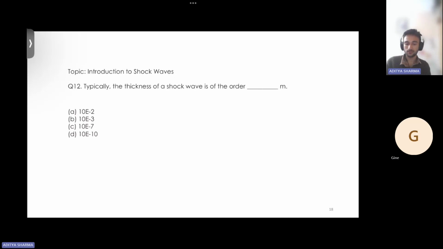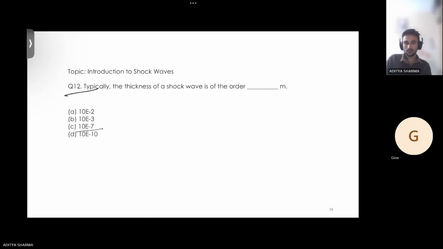C, okay. Genie says C. And what does Harshit say, if he's still with us? Okay, Harshit also says C.